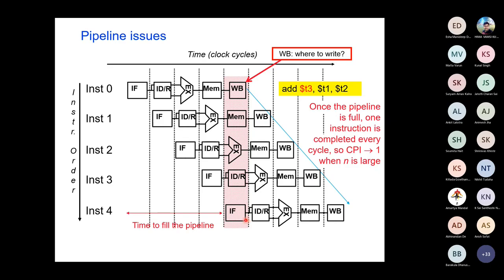Therefore, the implementation of the pipeline becomes complicated. You need all these hardware resources to pass the information of previous instructions along with every clock pulse, so that you find the desired information at the right moment.